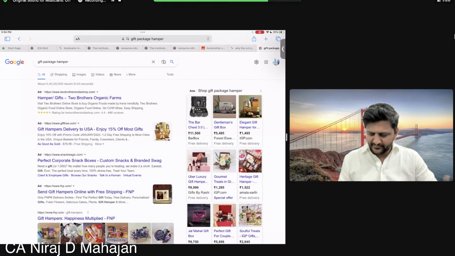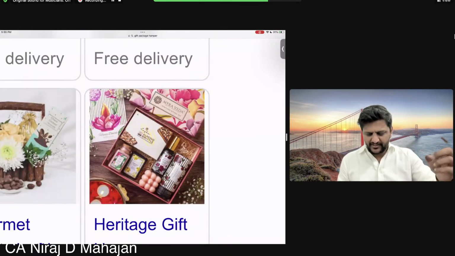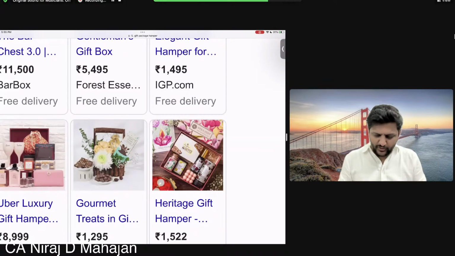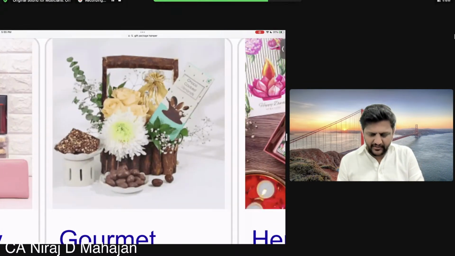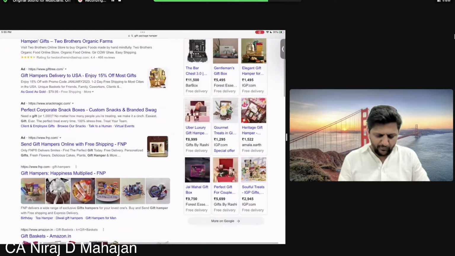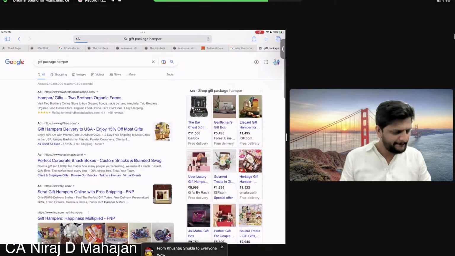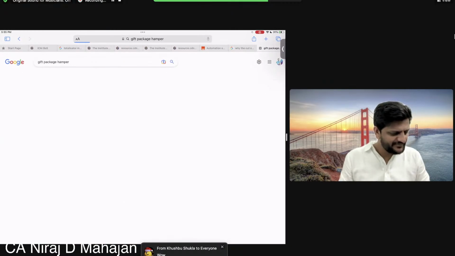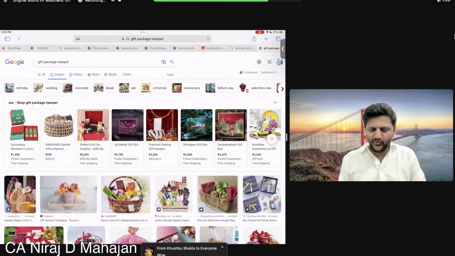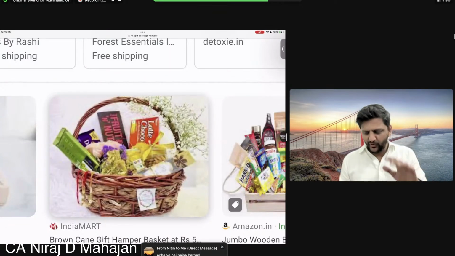Look at this. Some essential oil, cosmetics. Girls, good for you. Chocolates, flowers, something like that. Some snacks like Kurkure, some chocolates, all of that.